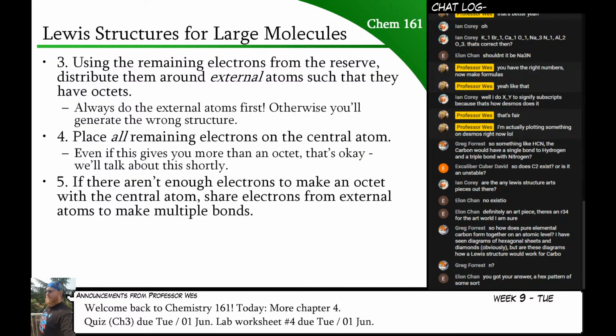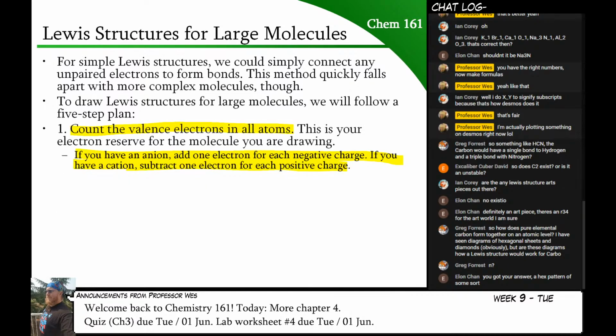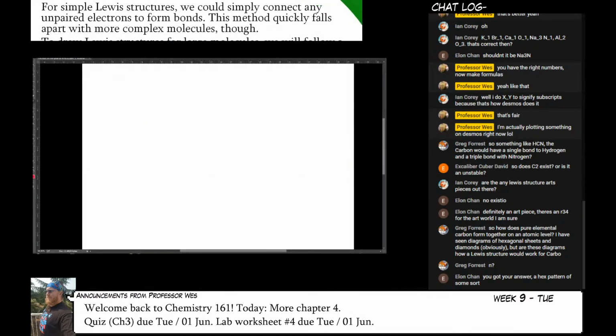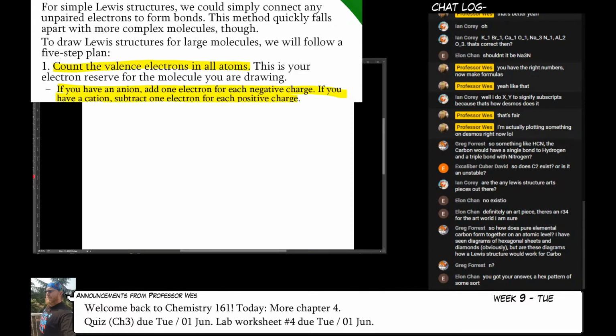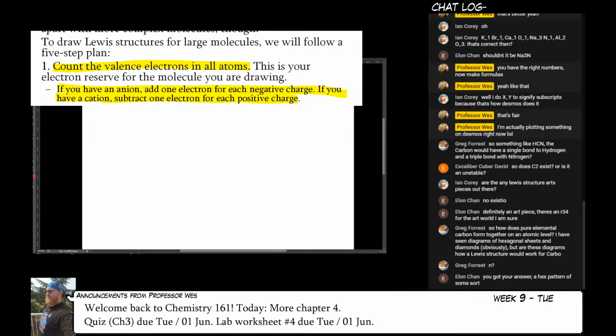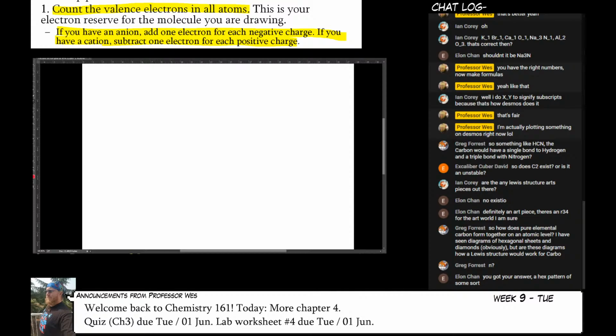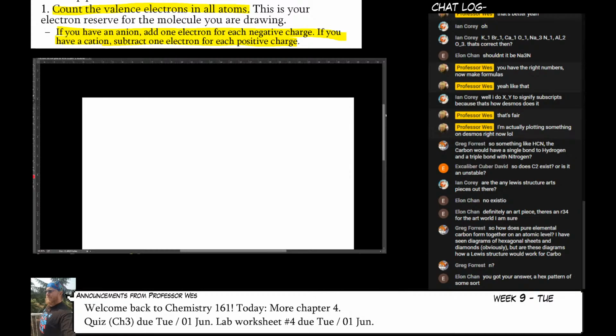So what we're going to do is I'm going to go back to this. We're going to put this on the board here, and we're going to draw the Lewis structure for CO2, which is what the slides are doing in a second here, but that's okay.